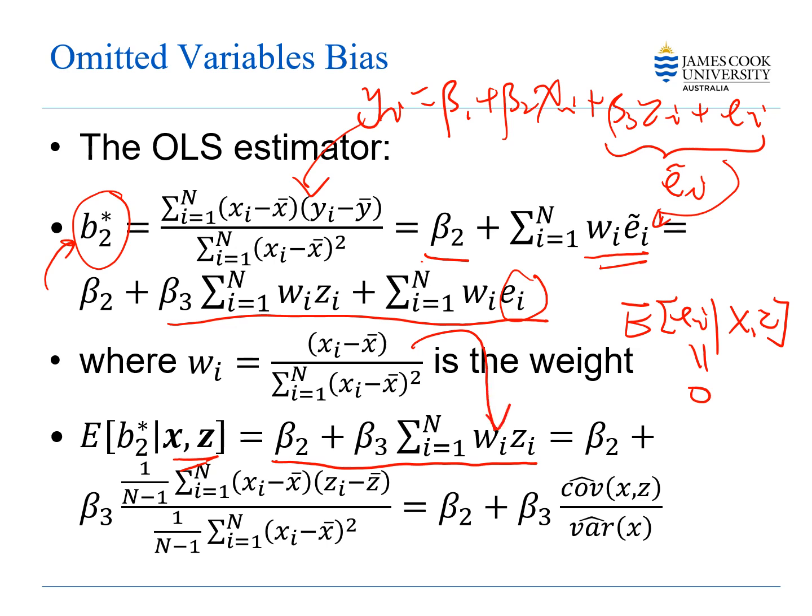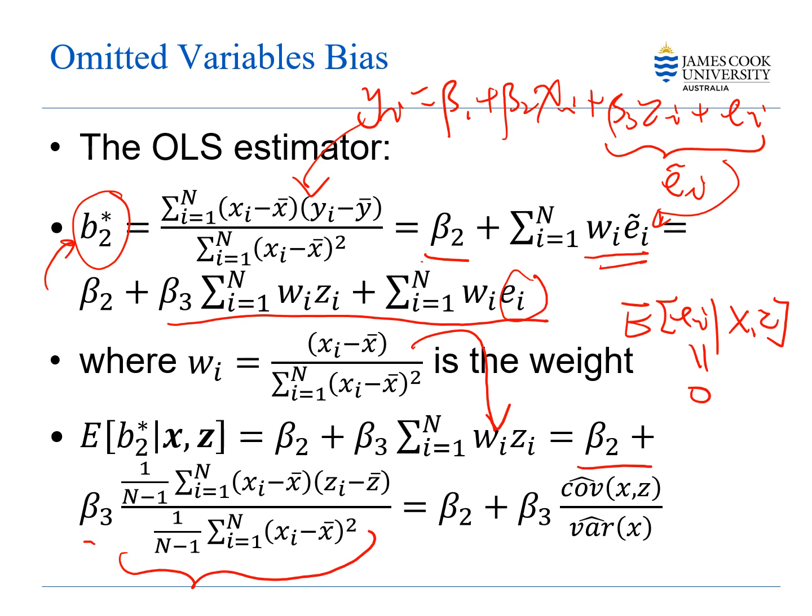I won't show you the step-by-step details of the algebra, but if you need it, you can come back to me. Otherwise, I hope you just follow intuitively. So plug this wi in here. We can write this conditional expectation of beta 2 star as beta 2 plus beta 3 times these terms.